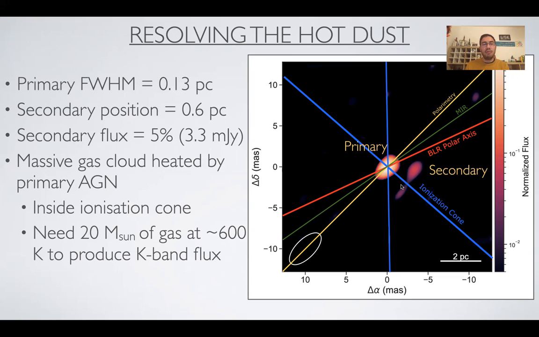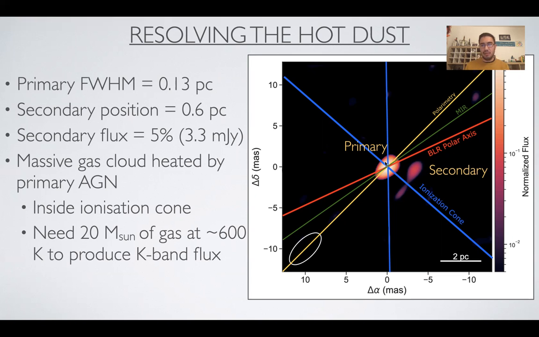And so going from 20 solar masses to a density of around 10,000 per cubic centimeter does not seem to be an unreasonable density for gas that's in the very central regions of an AGN.